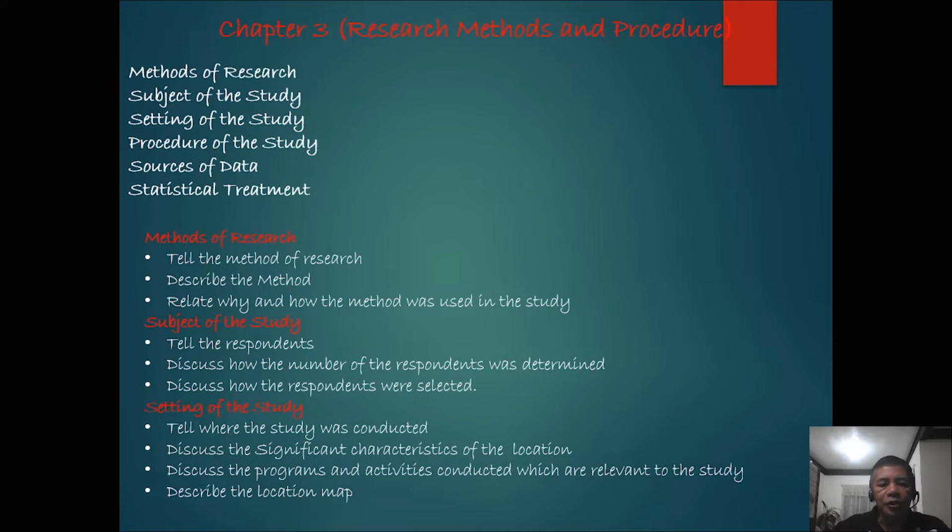If you use descriptive correlational, descriptive evaluative, descriptive comparative, or descriptive survey method, you describe it in accordance with the description coming from an author. If you use the experimental research, you must be specific in telling the design. And of course, you need to relate why and how the method was used in this study.